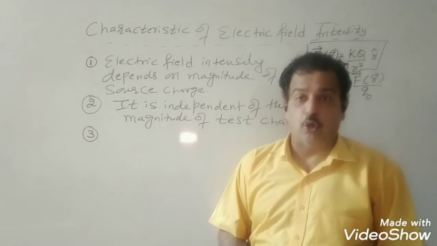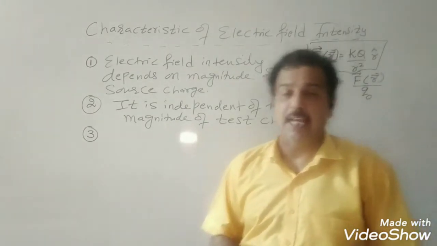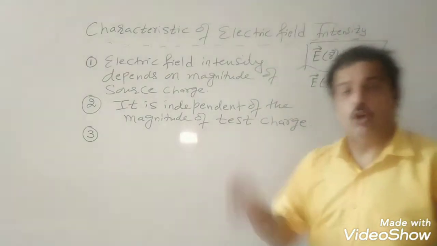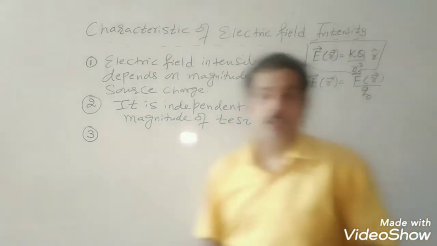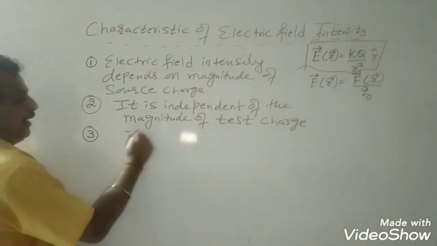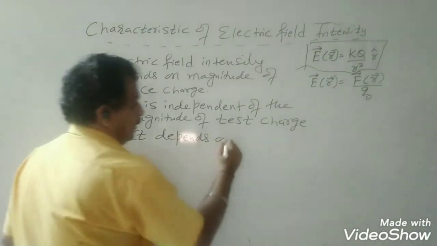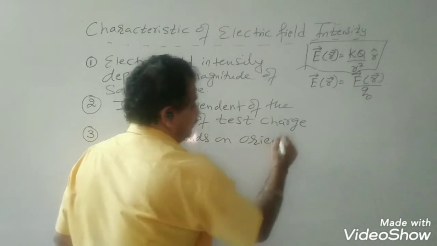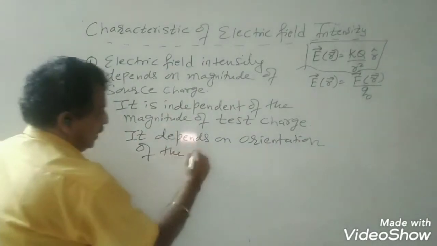So it depends on the orientations of the source charge as well as test charge, or the position vector of test charge with respect to the source charge. So the third point is, it depends on the orientation of the charges.